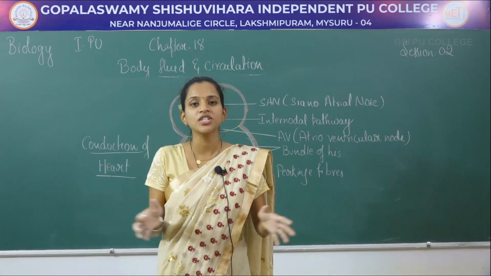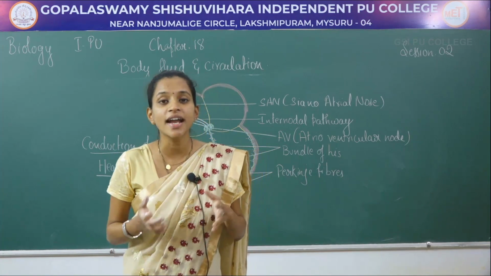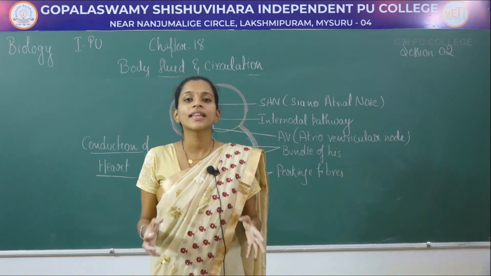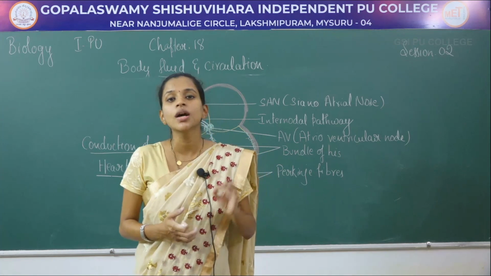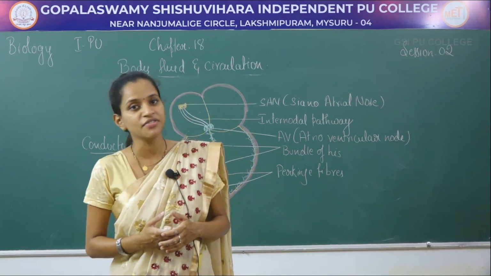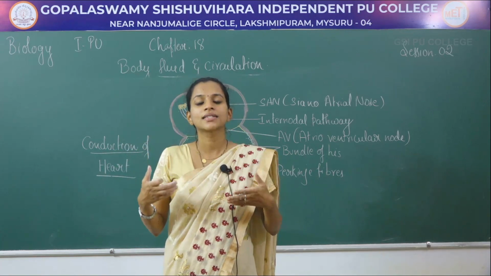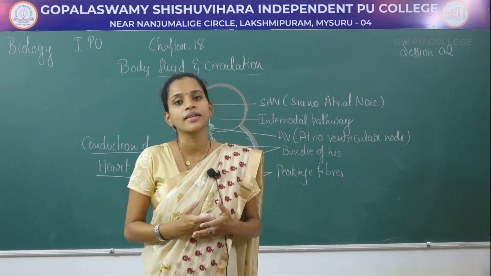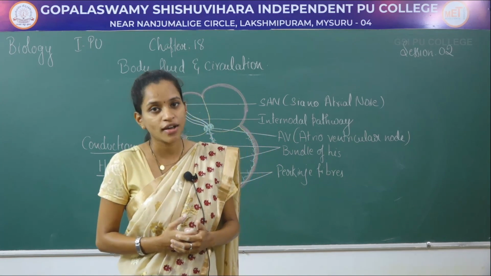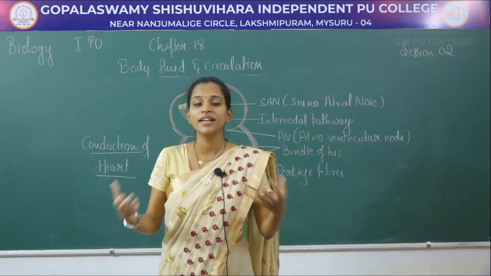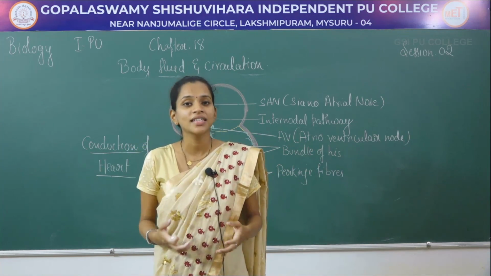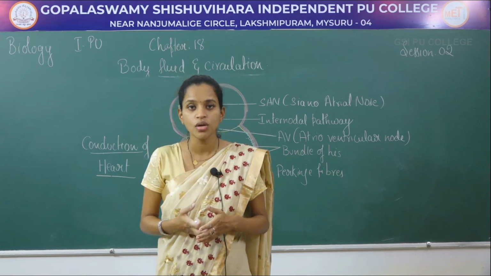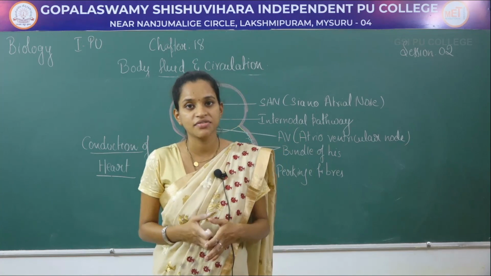This AV node is branched into the left bundle of His and right bundle of His, which are further branched into small fibers called Purkinje fibers. Once the blood is transferred from the auricles into the ventricles through auricular contraction, the ventricles receive the signals passed from the AV node through the bundle of His and Purkinje fibers.